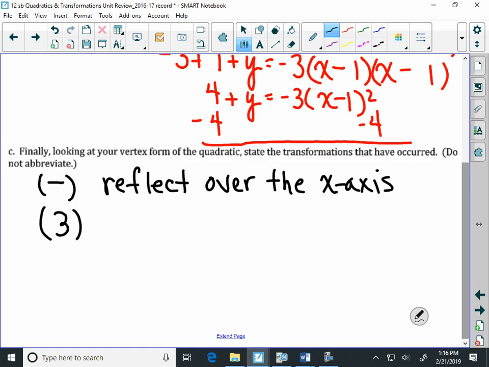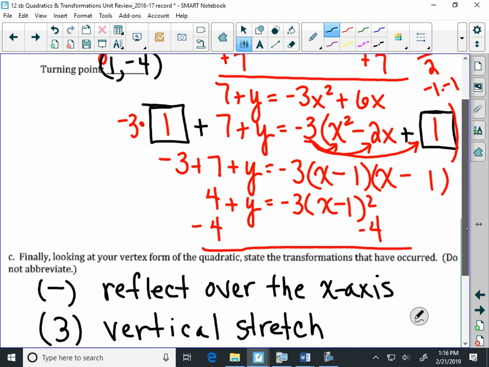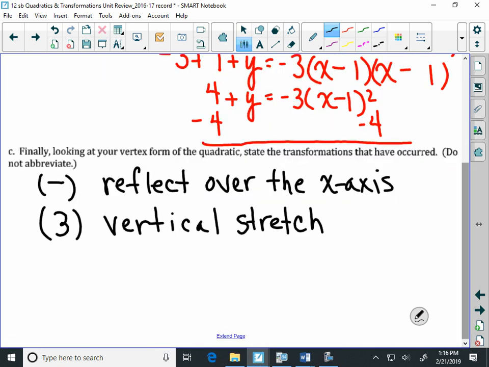That causes 2 transformations to happen. 3 is the vertical stretch. And then to change the sign, keep the sign. Well, minus 1 means that we're going to go right 1. And minus 4 means that we're going to go down 4.